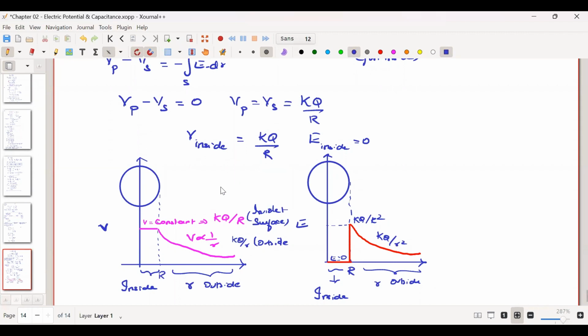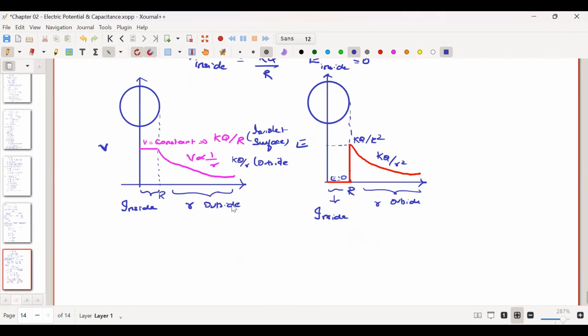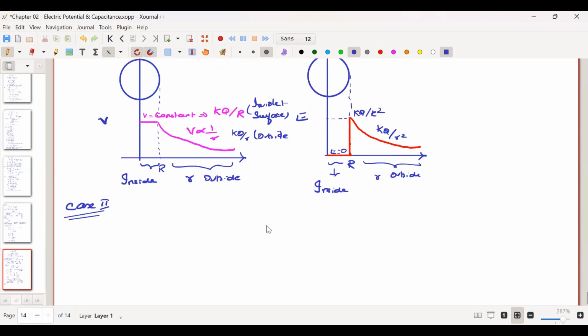Now, predominantly for your boards and everything, you will probably get only a shell, and even if they give a conducting one inside. So let's talk about the other case. I'm not going to do a derivation, you don't need that. You just need to remember the values.